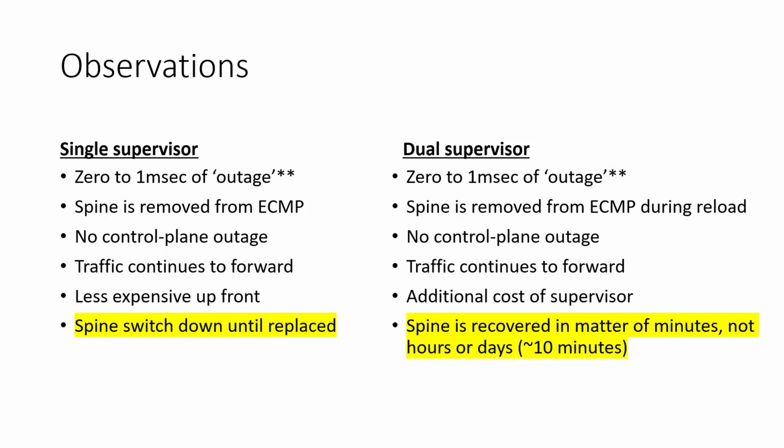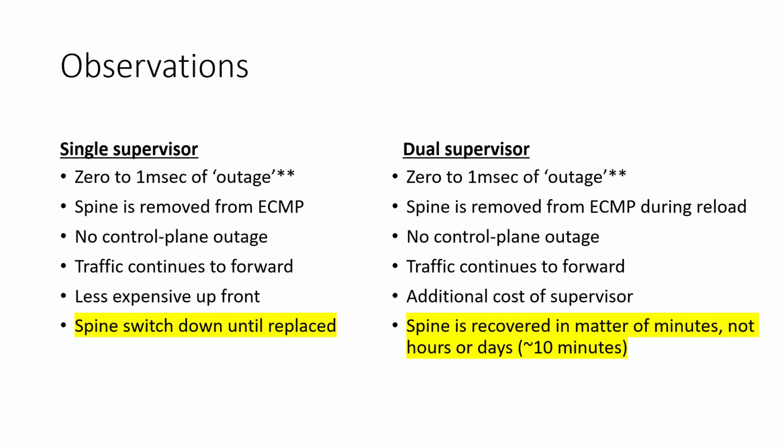If you choose to only do 2 spines with a single supervisor, if that supervisor fails, you are half of your infrastructure for the spine, half of those equal cost multipath links are gone, and you are now running on a single spine. And you will wait hours or days, depending on your support level contract, until it comes up.